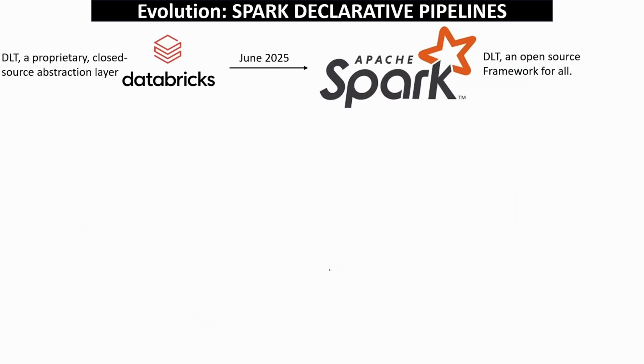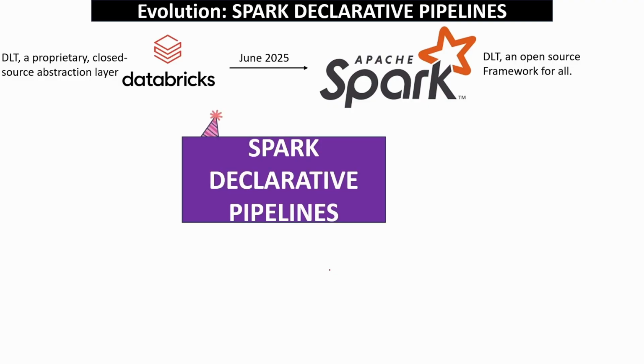Then once it went open source, the Spark team, obviously Spark and Databricks were invented by the same team, added a few additional features and named this DLT Spark Declarative Pipelines. And that was the birth of Spark Declarative Pipelines.